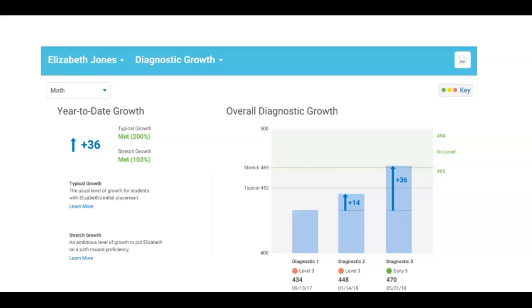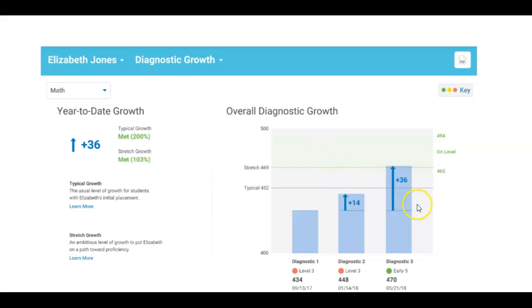As you see with Elizabeth Jones' report, at her second diagnostic, she has nearly reached her typical growth number, and she's only halfway through the school year. She has grown 14 points and is nearly at that yearly typical growth number or growth goal that iReady has set for her.